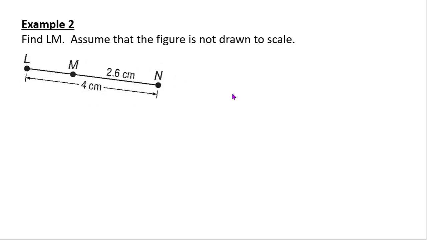Find LM. Assume the figure is not drawn to scale. So we know that LM plus MN is equal to LN. The two smaller segments, segment 1 plus the other segment, equals our entire segment.